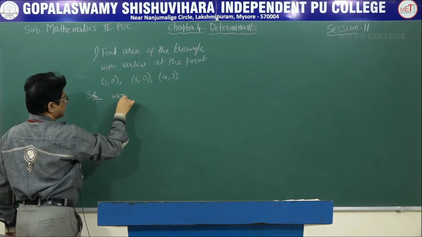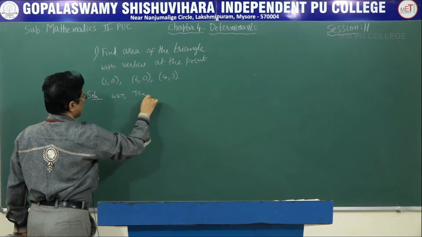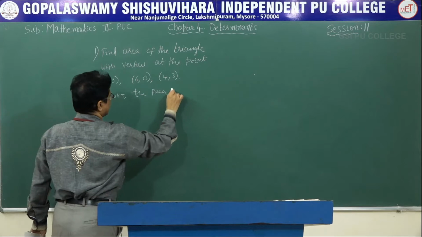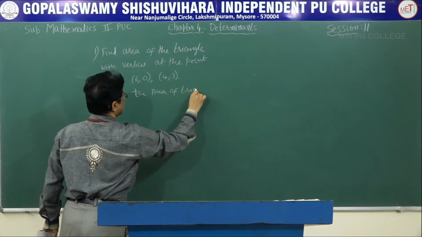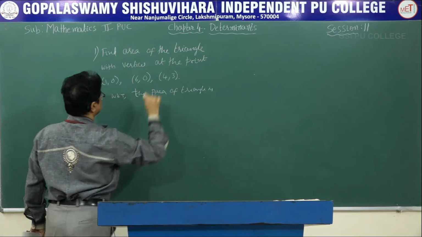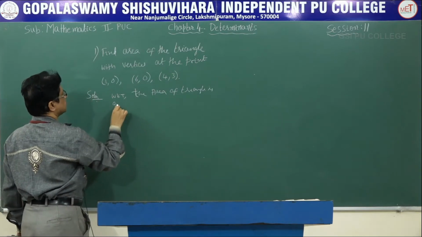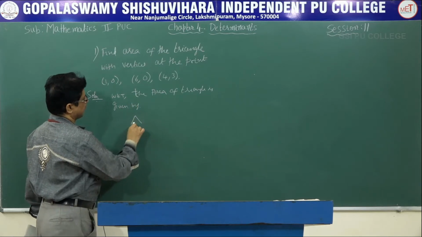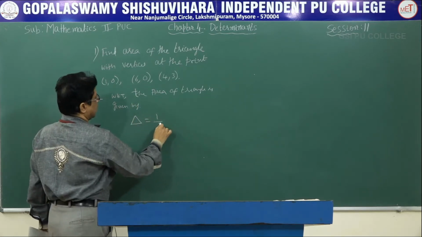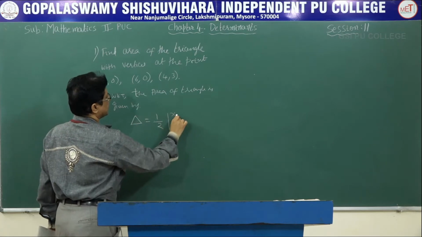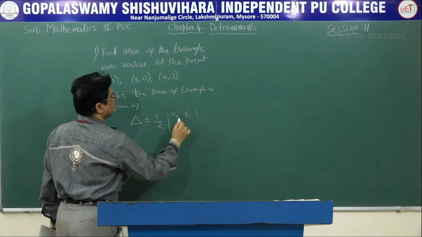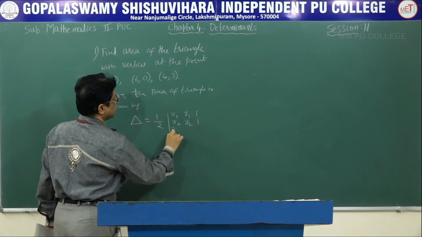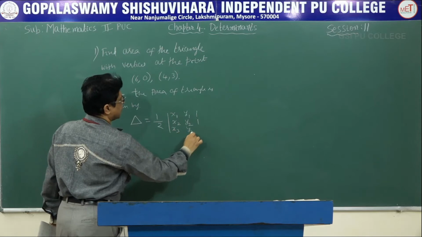So we know that the area of the triangle is given by half into determinant of x1 y1 1, x2 y2 1, x3 y3 1.